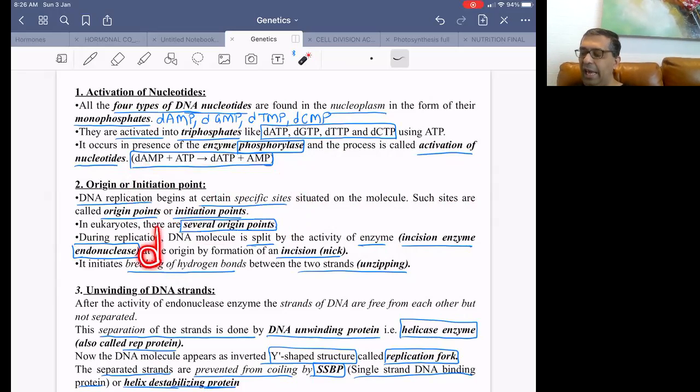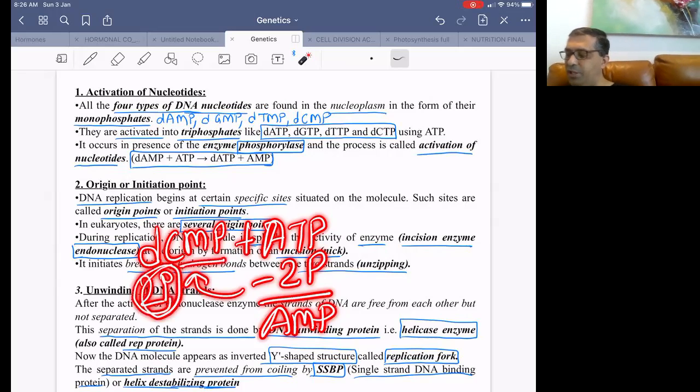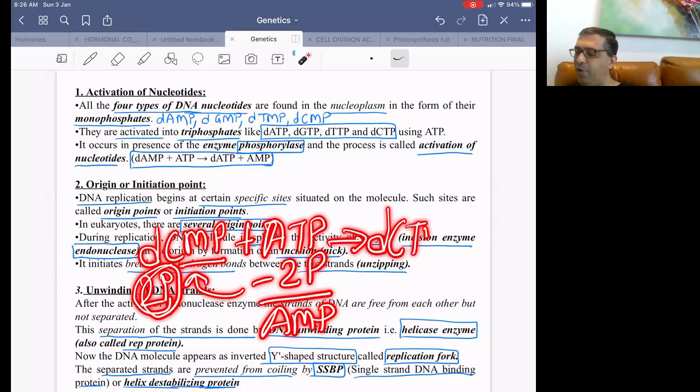Similarly, deoxycytidine monophosphate plus ATP. ATP loses two phosphates to become AMP, and two phosphates are added to deoxycytidine monophosphate to become deoxycytidine triphosphate plus adenosine monophosphate.